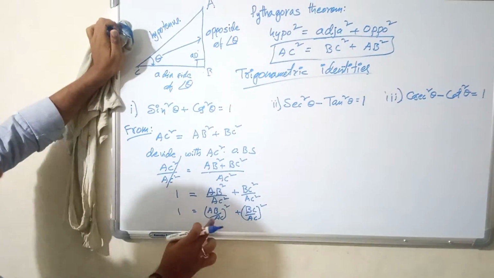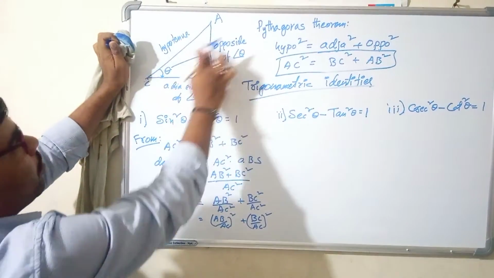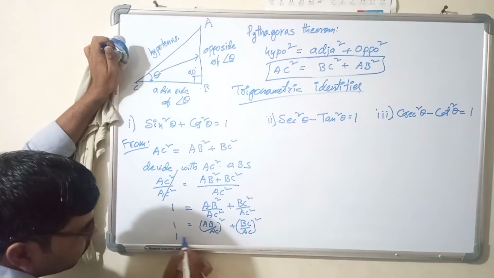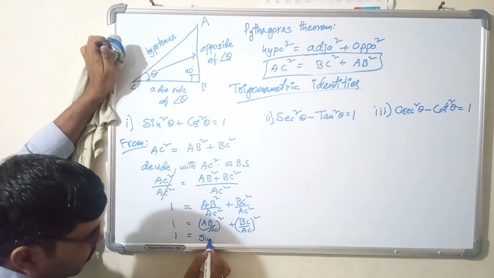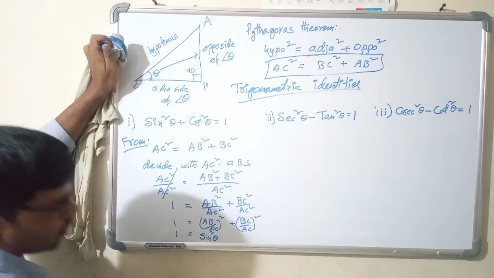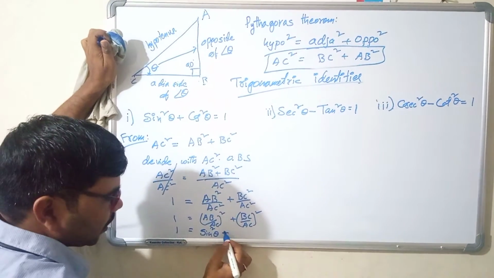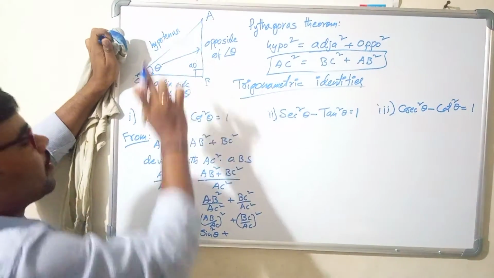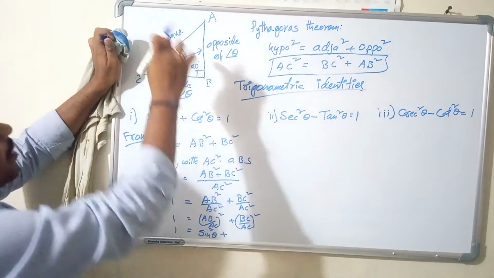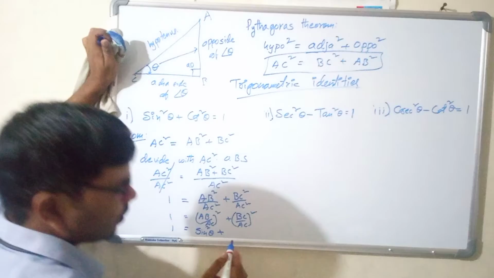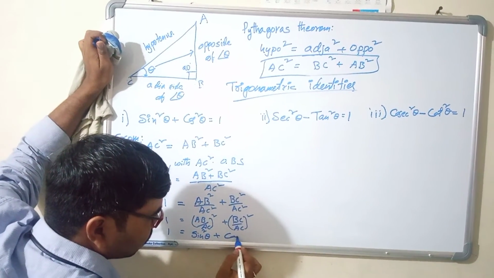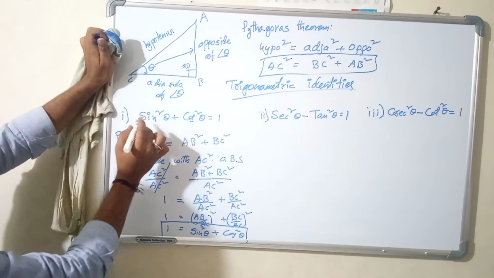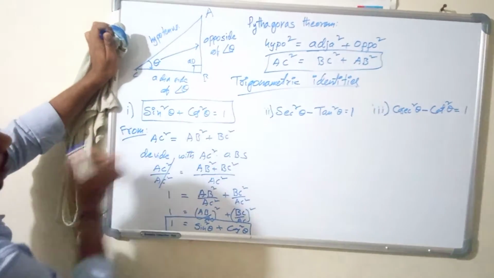From previous one, AB by AC is equal to opposite side by hypotenuse, that is sin theta. Square means sin square theta. Here BC by AC, BC means adjacent side, AC means hypotenuse, that is equal to cos theta. Here square means cos square theta. This is the derivation for sin square theta plus cos square theta.